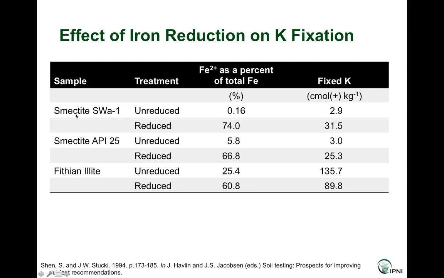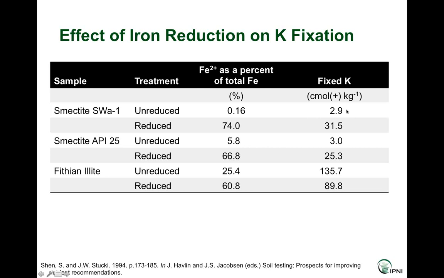So I have two examples of a smectite mineral, and I have one example of an illite. What I'd like to point out is just how differently K reacts under the same conditions in the two minerals. Here we have the two smectites. We can see that when we go from an oxidized or unreduced state to a reduced state, we increase the amount of iron in the 2+ state, and that affects how much K is fixed.